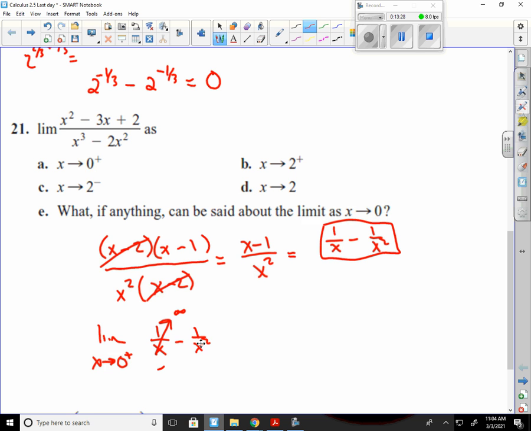This one's going to infinity as well, but it's getting there faster because it's 1 over x squared. So it kind of complicates this procedure here. This one's getting there faster. It's going to mean that my limit goes to negative infinity because no matter what this number is here, as I get closer to 0, this one is always going to be bigger than that.